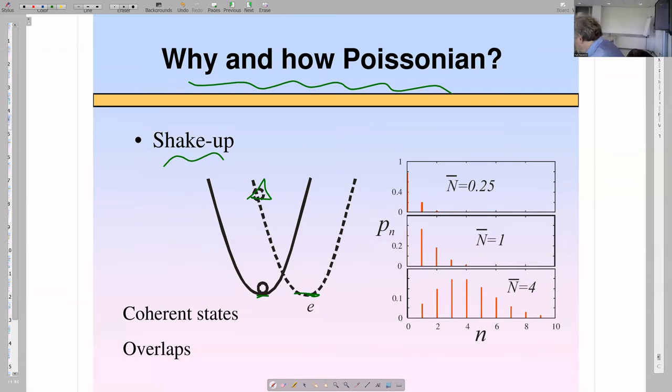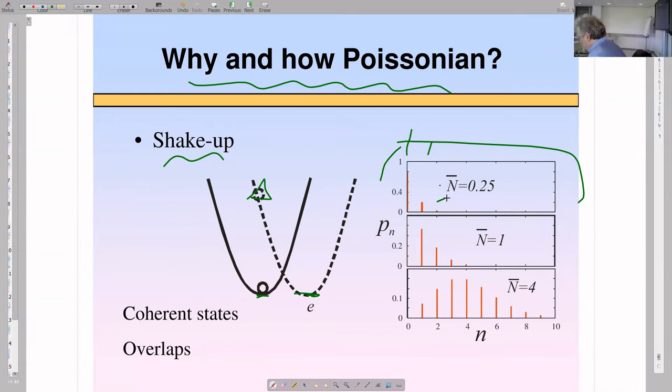If average n is small, then the biggest probability is not to emit anything. And then there's a small probability to emit 1, 2 quanta, and the rest you cannot even see. If you increase n, you increase these probabilities, of course. Simultaneously, the probability to emit 0 gets smaller.